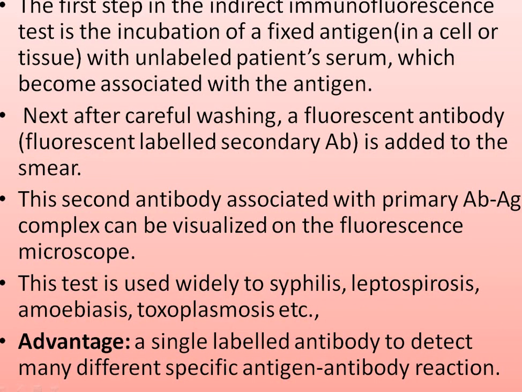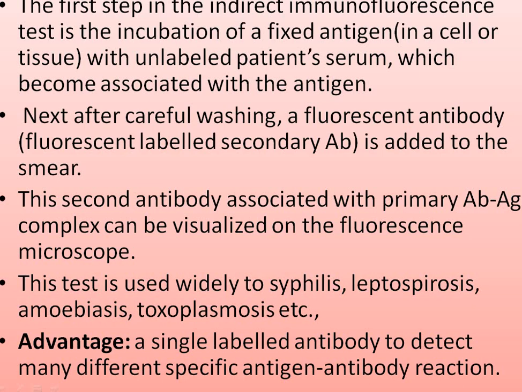The first step in the indirect immunofluorescence test is the incubation of a fixed antigen with unlabeled patient serum, whose antibody becomes associated with the antigen. Next, after careful washing, the fluorescent antibody is added to the smear.